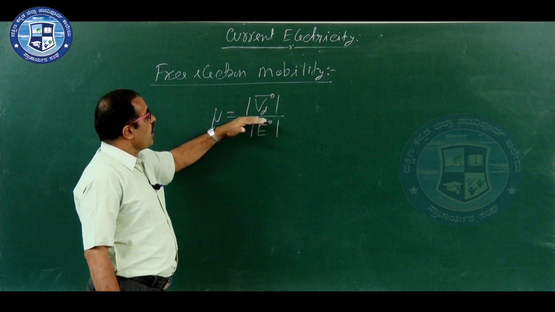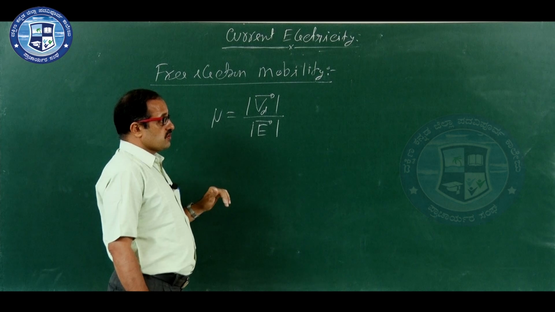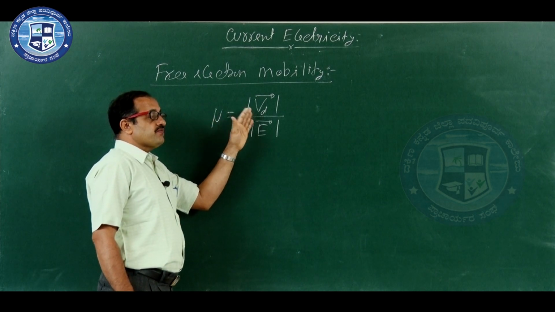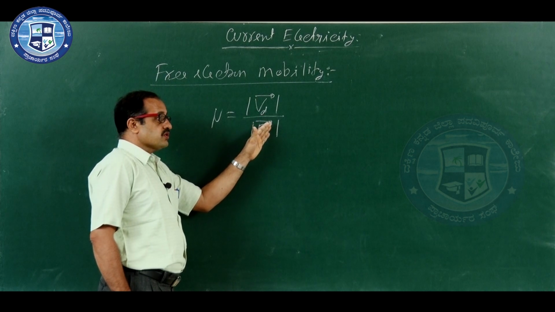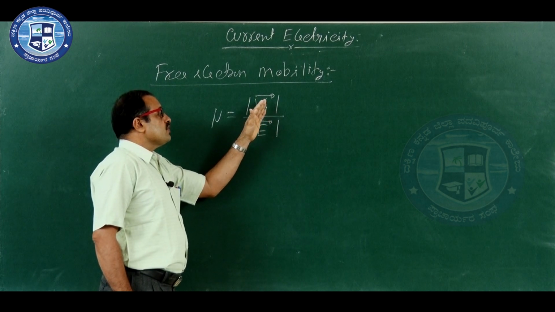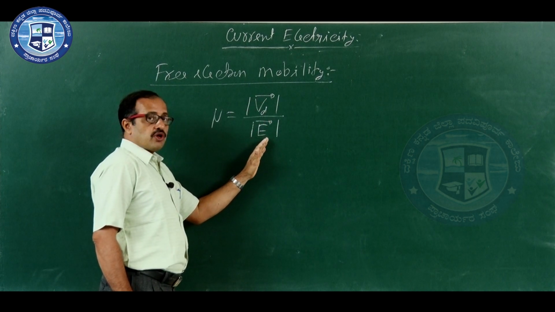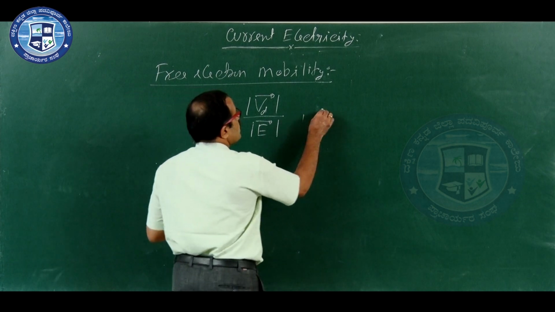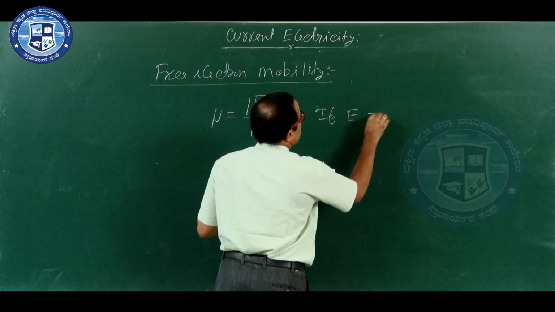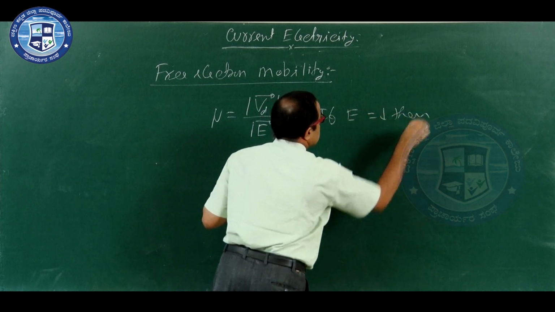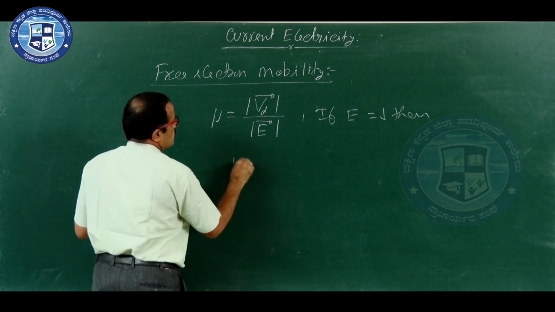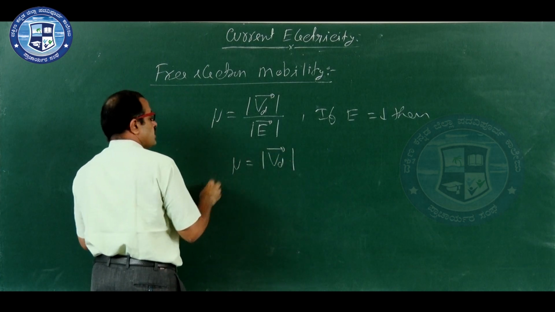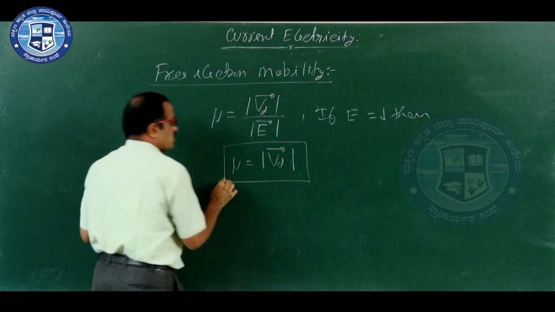So, how to define it? Very simple. Free electron mobility can be defined as the ratio of the magnitude of drift velocity to the magnitude of electric field. Now, if E equal to 1, then mu is equal to mod of Vd. Therefore, this is one more definition.